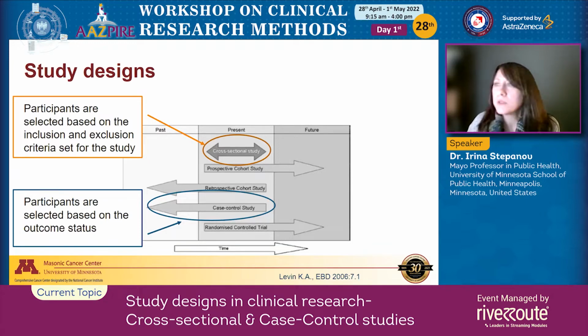In cross-sectional studies, participants are typically selected based on specific inclusion and exclusion criteria that are set for this particular study. And then you can observe potentially differences in disease risk, while for case-control studies, participants are selected based on the outcome status.